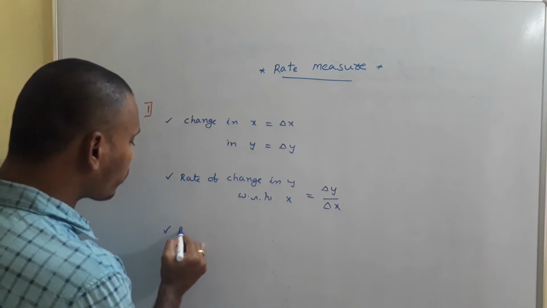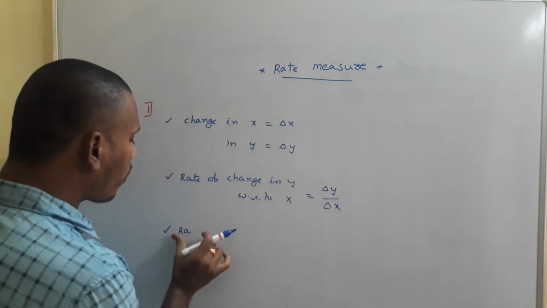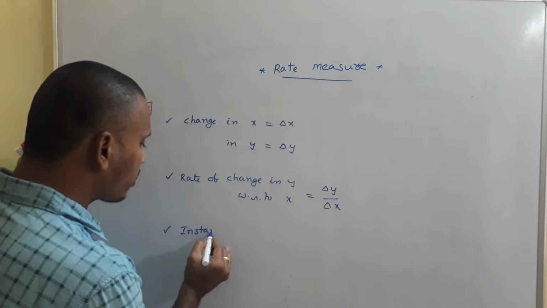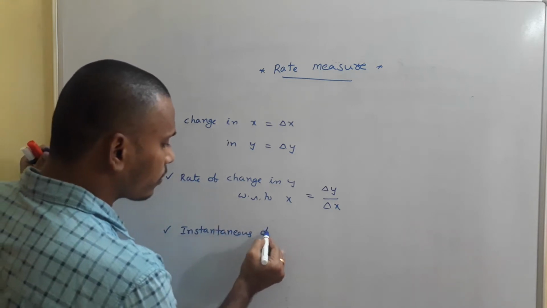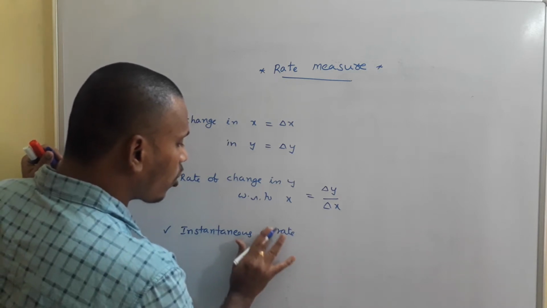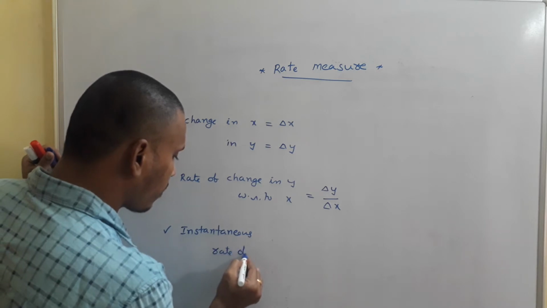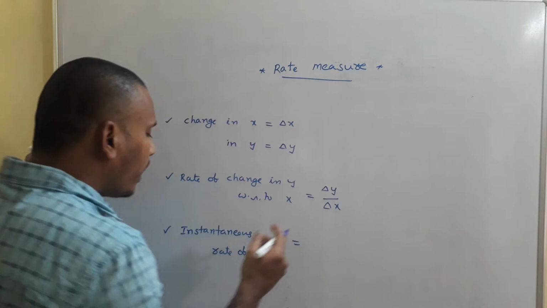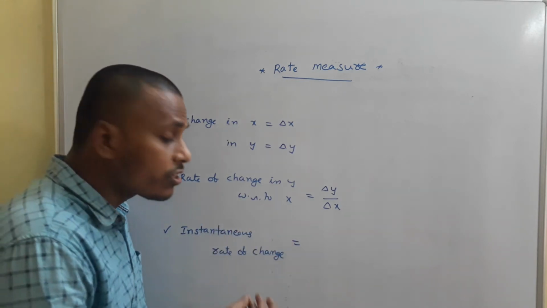Now, the instantaneous rate of change, or rate of change at a moment. Instantaneous rate of change is simply the change in y for a very small change in x.